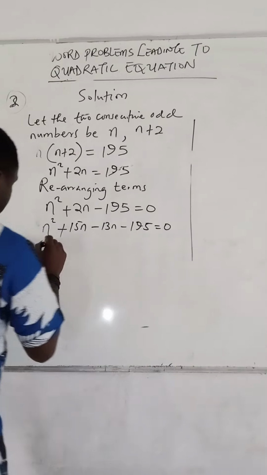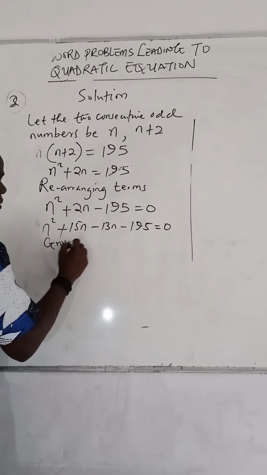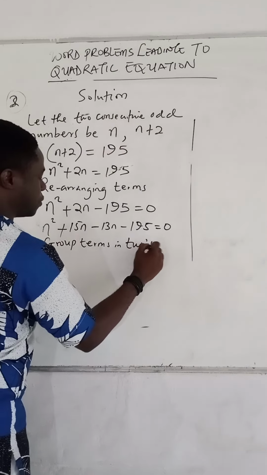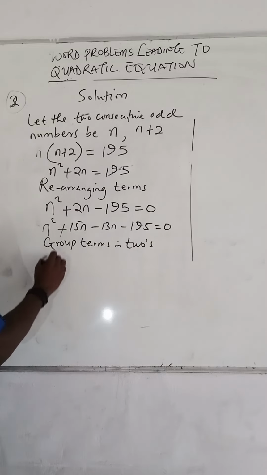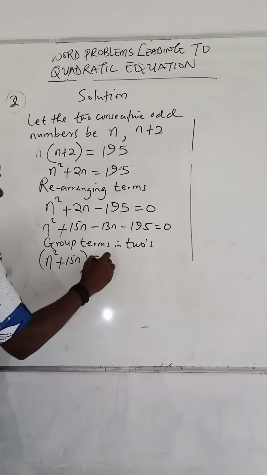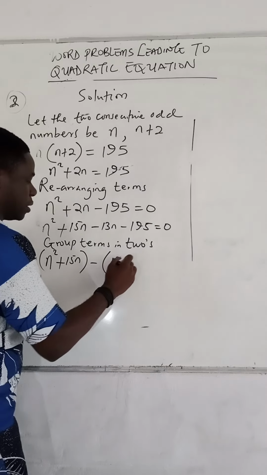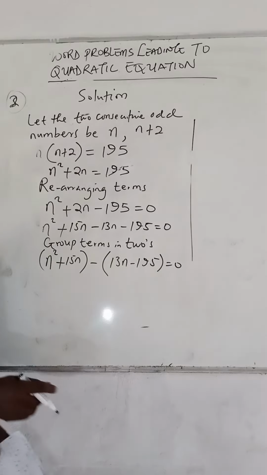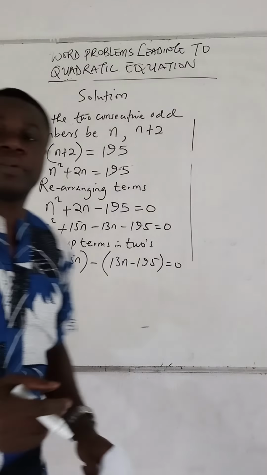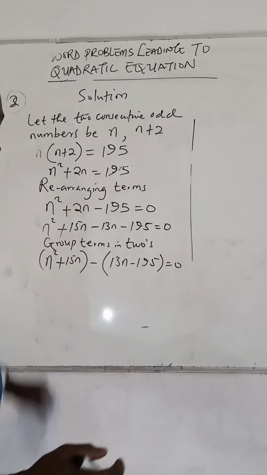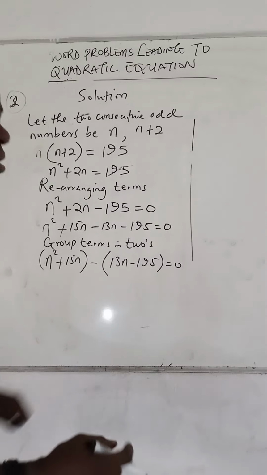The next is to group terms in twos. We'll have n squared plus 15n, minus 13n minus 195 equals 0. The next step here is to factorize the terms in brackets.